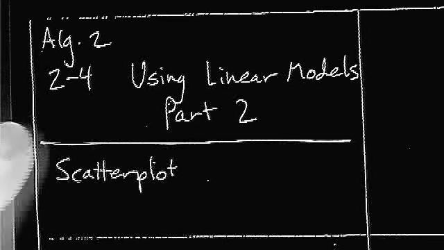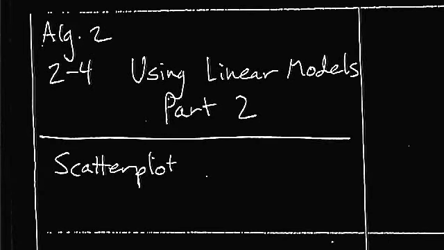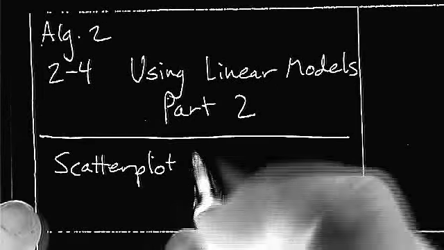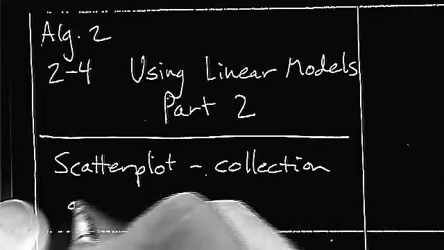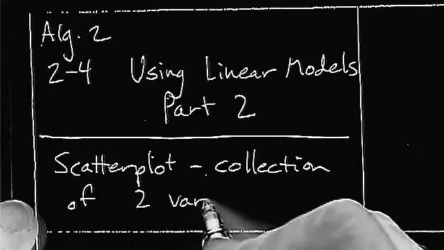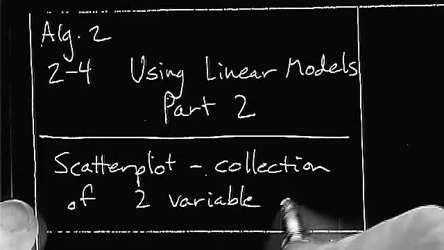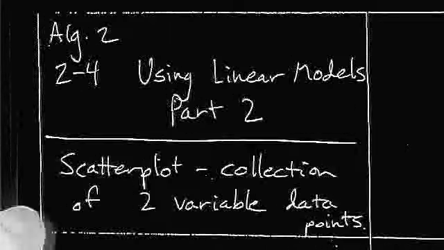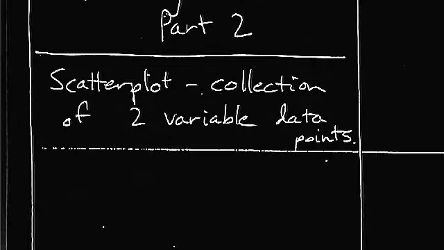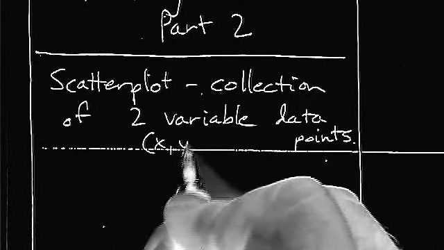All right, the second part of today's lesson, or tonight's lesson, I should say, is about using linear models, but in a data situation. A scatter plot is a collection of two-variable data points, like an x and a y.